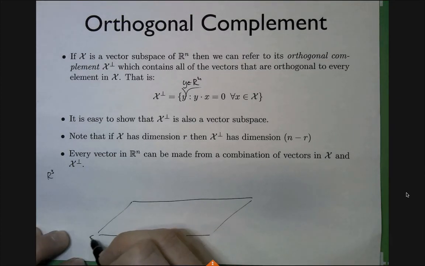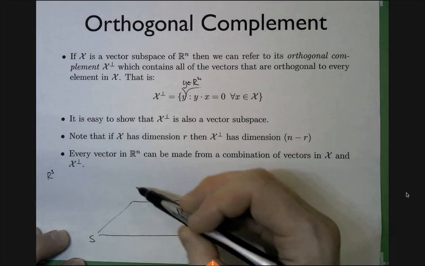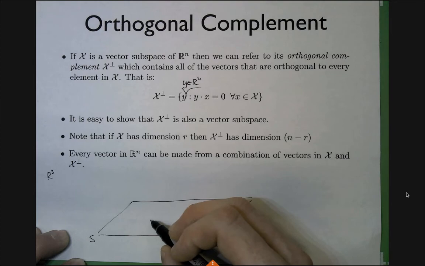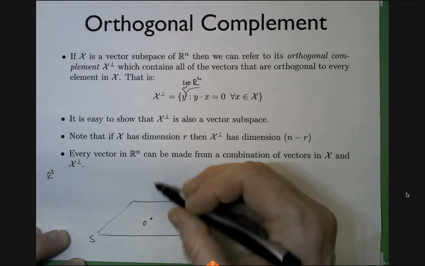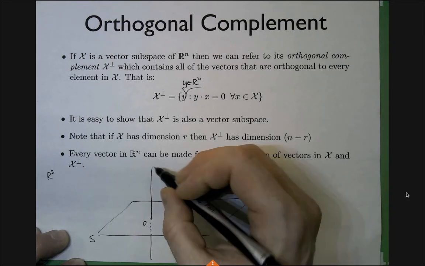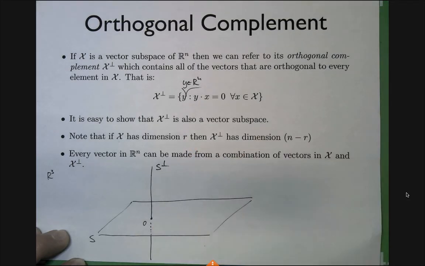So if this is my subspace S, and I'm in 3D, then the orthogonal complement to it is a line. Let's say my origin is here, this is my 0. The orthogonal complement would be a line like this. This would be S orthogonal complement, right?